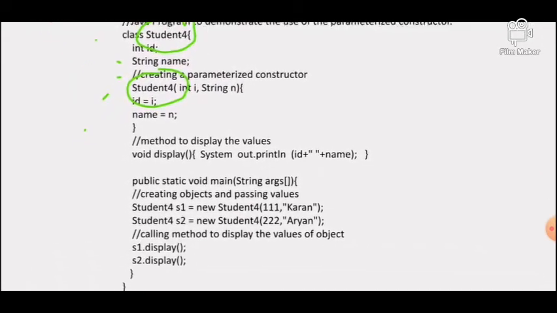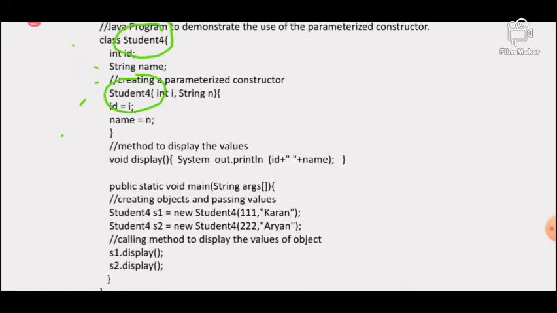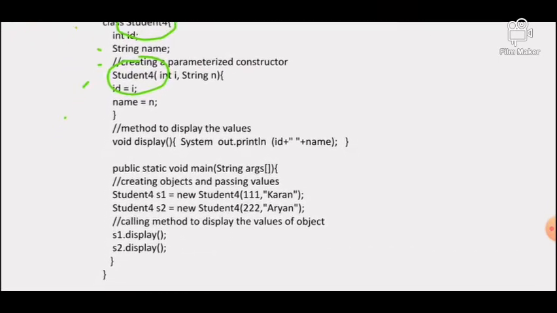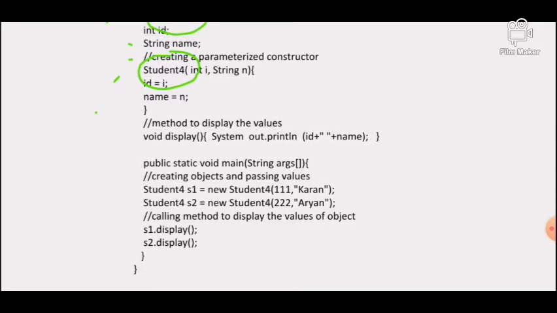When we are creating the object, how do we call this constructor? Inside the main method, public static void main, we have two objects, Student4 s1 and Student4 s2, equals new Student4, and we pass two parameters.